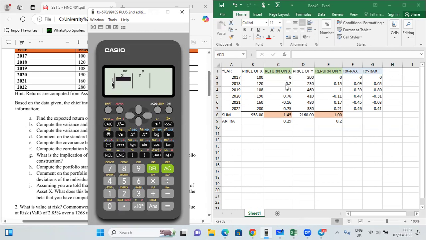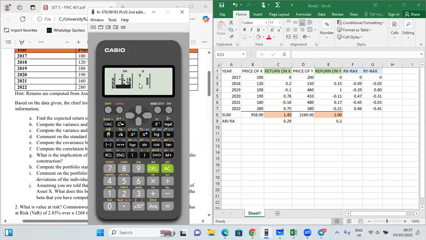Now, you put in the return of X and then the return of Y. Let's put in the return of X, 0.2. Then you press equal to, then negative 0.1 equal to, then 0.76 equal to, negative 0.16 equal to, and then 0.75 equal to.